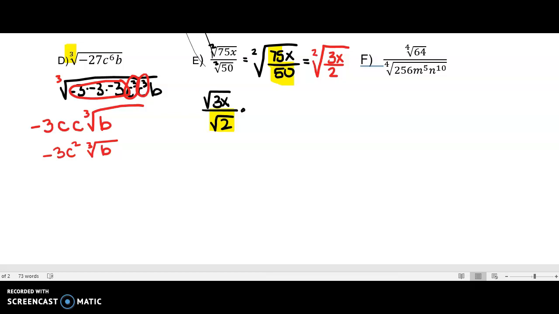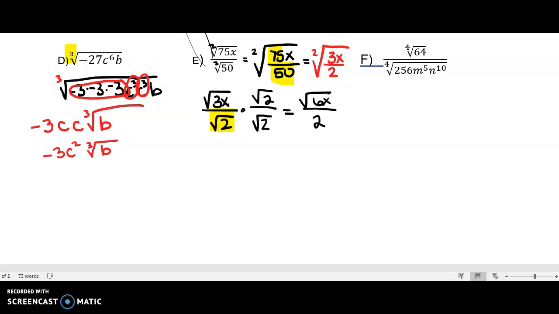I have to rationalize it by multiplying by the square root of 2 over the square root of 2. 3x times 2 becomes 6x over square root of 2 times square root of 2, which is just 2.